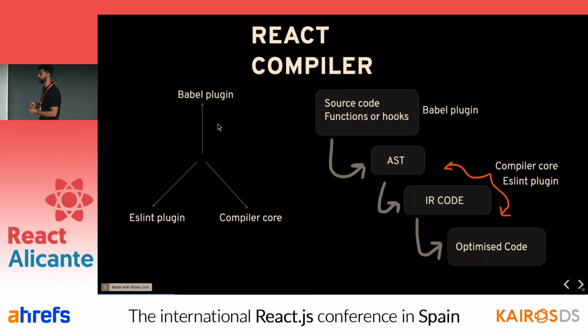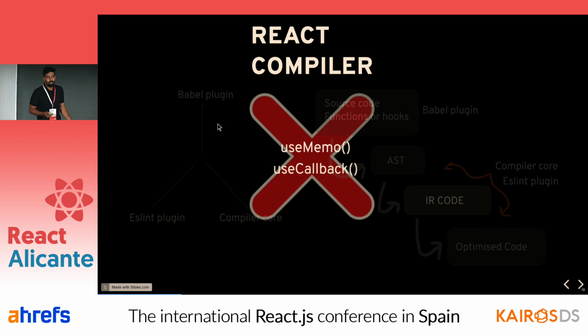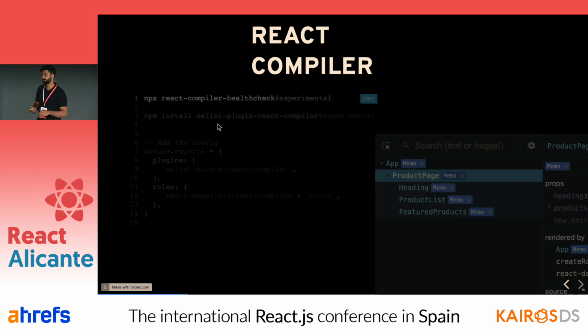And the compiler core uses its knowledge and performs optimizations, dead code elimination, and makes sure you don't have to worry about fixing your apps for too many re-renders, which means you might not need to use memo or hooks like useCallback while you're using the compiler.